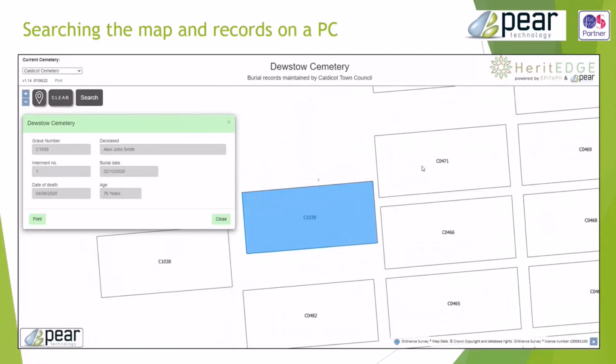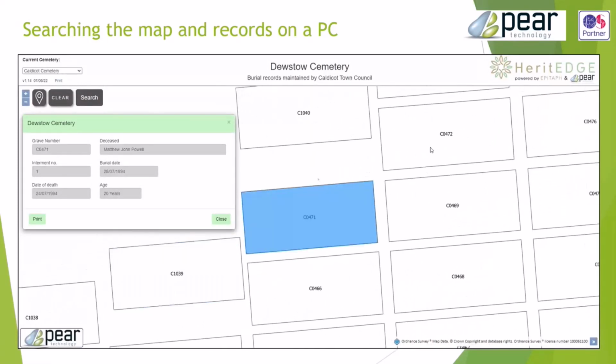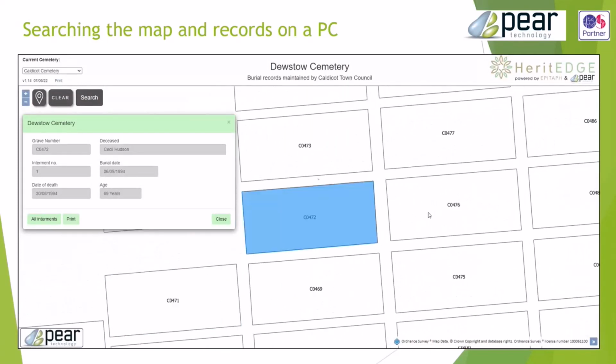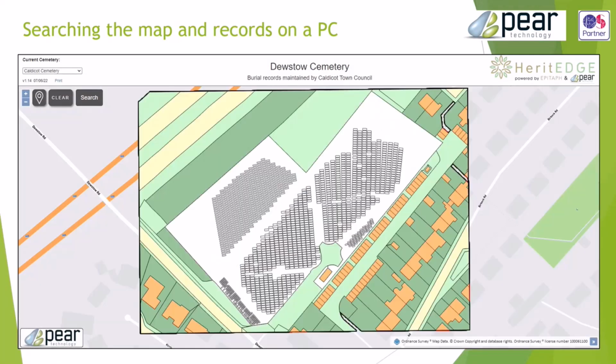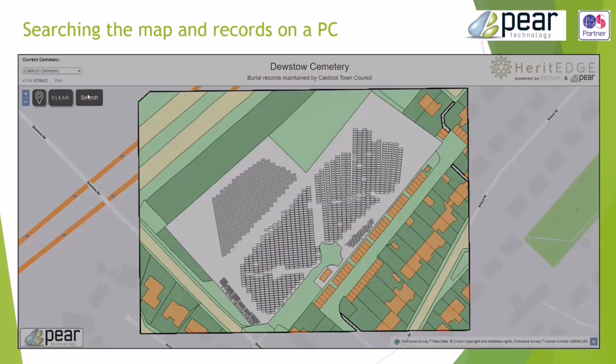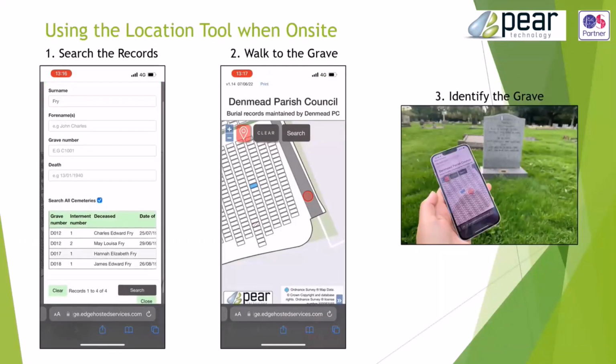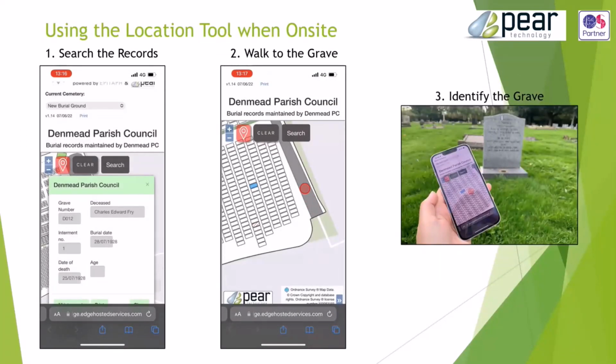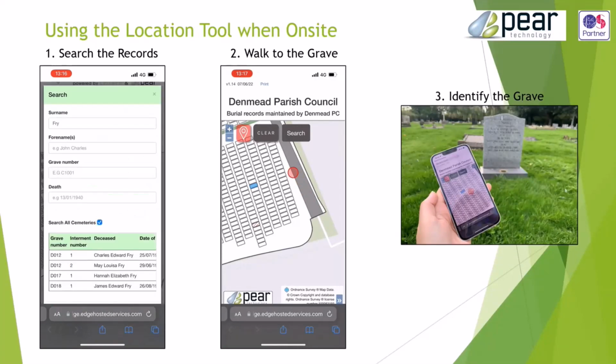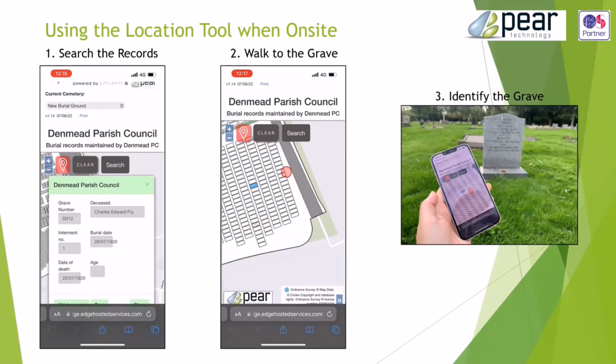So next I'm going to show you a demonstration, similar search being carried out, but doing so on a mobile device. So the panel on the left-hand side shows the HeritEDGE webpage again. Search being carried out.